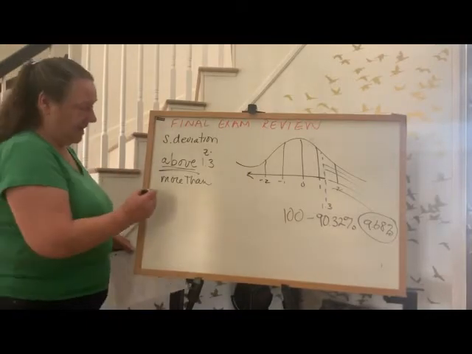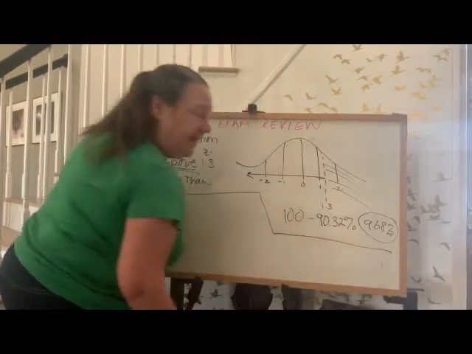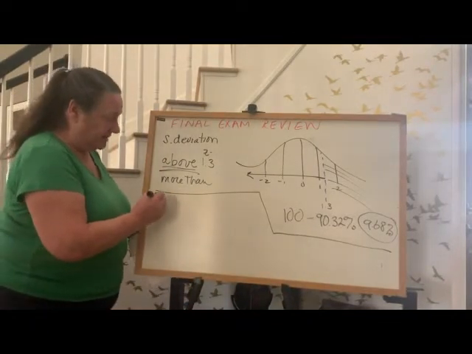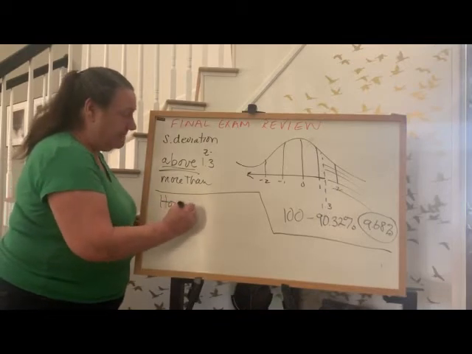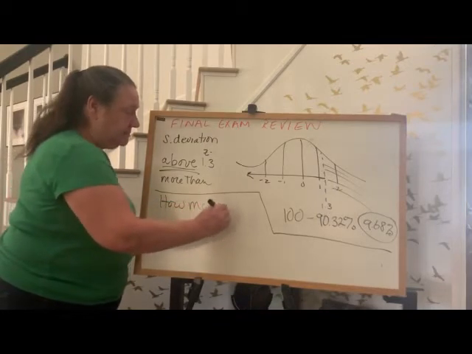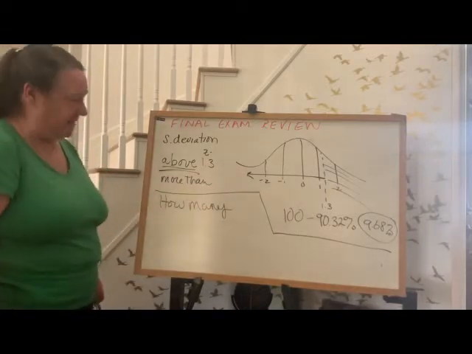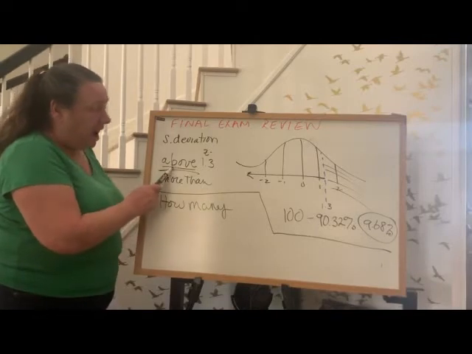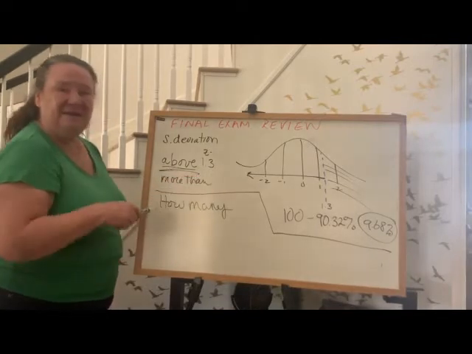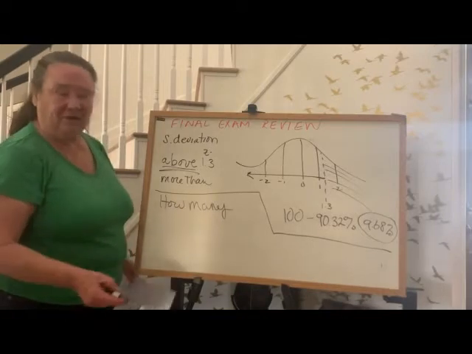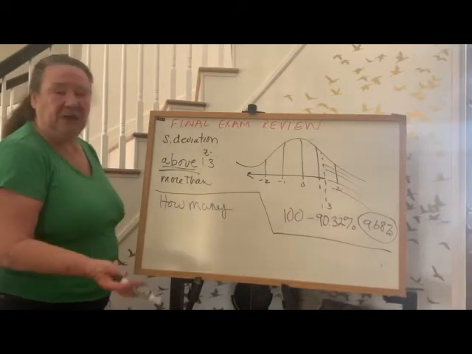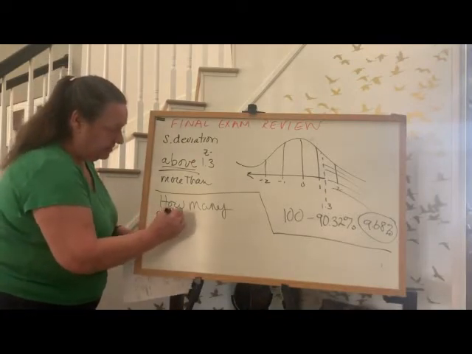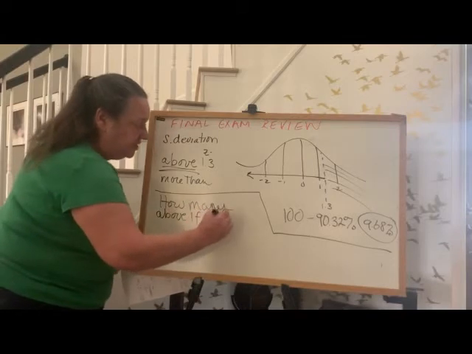Okay, the second problem in standard deviation that people missed was when it said, how many? Okay, I'll just use this problem again. How many people above 1.3 scored more than whatever? If 50 people took the test, how many scored above?